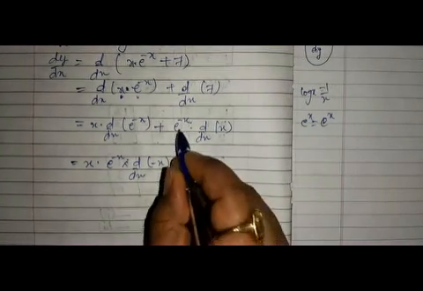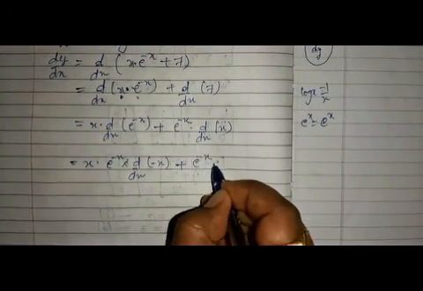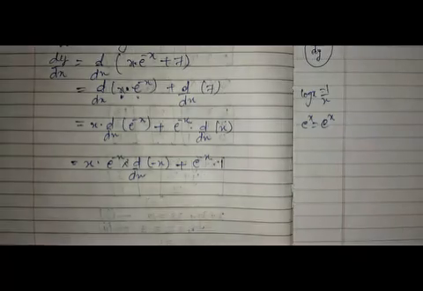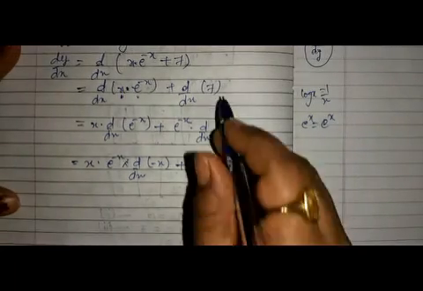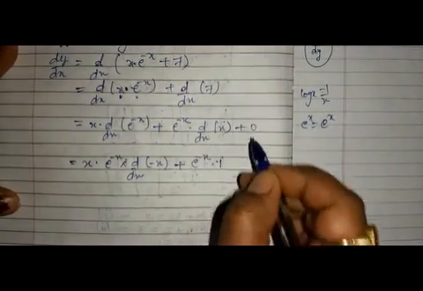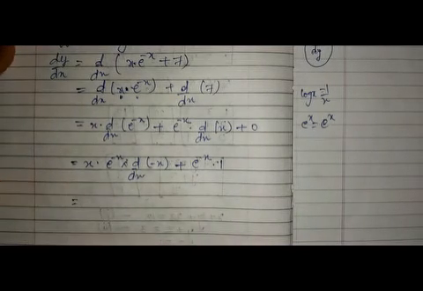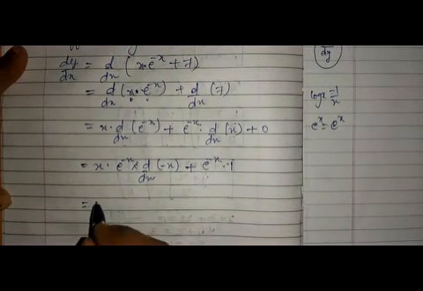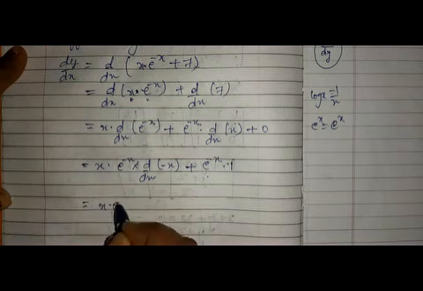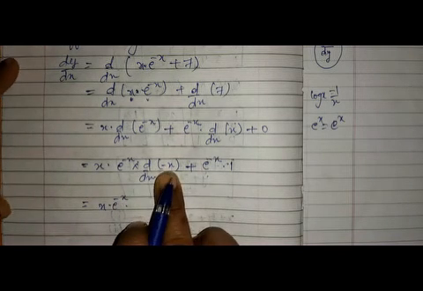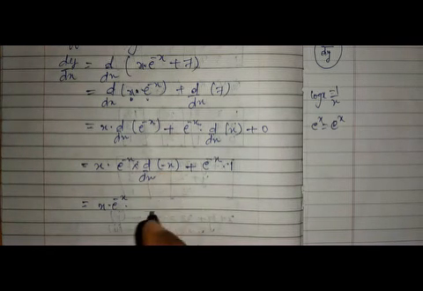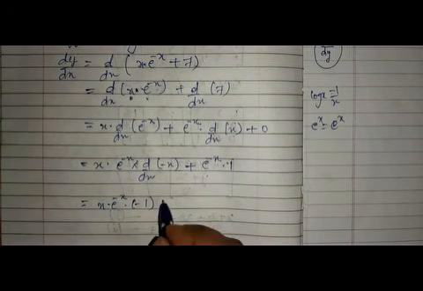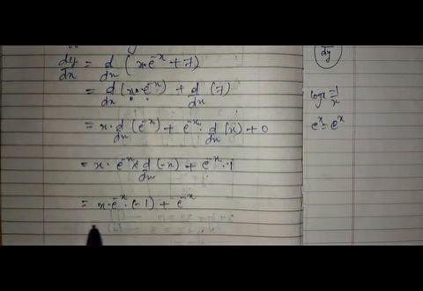Okay, plus e raised to minus x into the derivative of x, which is 1. Now x e raised to minus x, the derivative of x is 1. So it will become minus x e raised to minus x plus e raised to minus x.